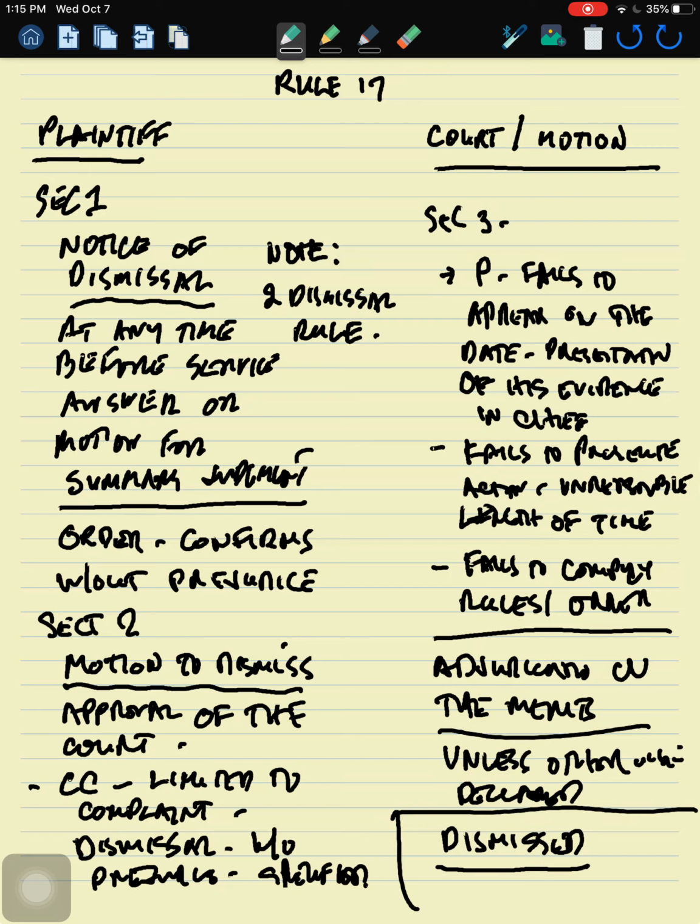Dismissed under Section 1 and 2, provided or assuming that the two dismissal rule is not applicable, is a dismissal without prejudice. So the court should state under Section 1 and 2 whether it is with or without prejudice. Now, if it simply says dismiss, that is without. If it is with, it will state it is with prejudice.